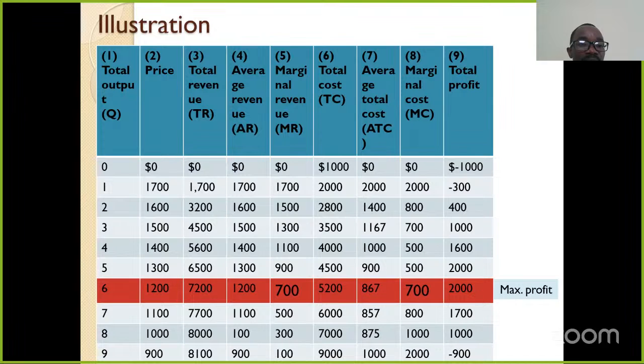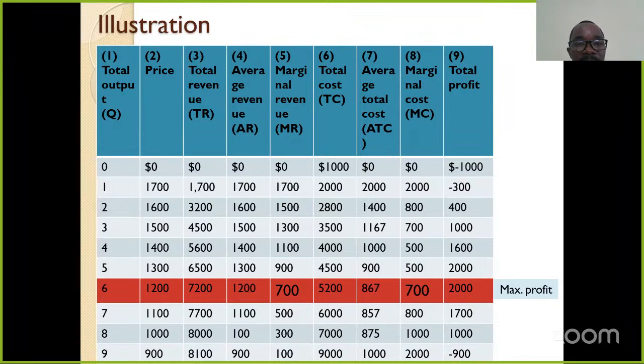For example, at first production, if we sell that product at $1,700 US, then the total revenue is going to be $1,700 US. Then we have column 4, which is average revenue. That's the total revenue divided by the quantity.